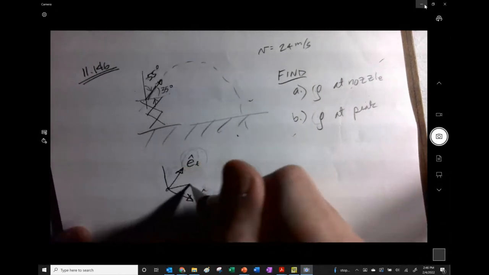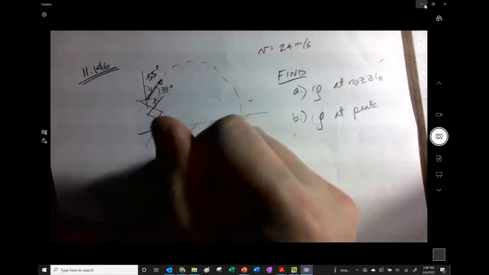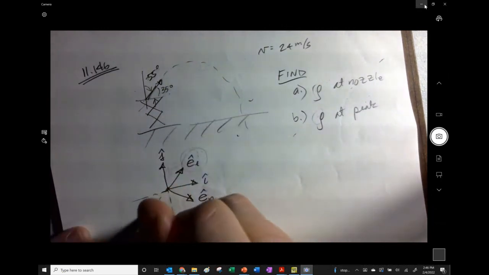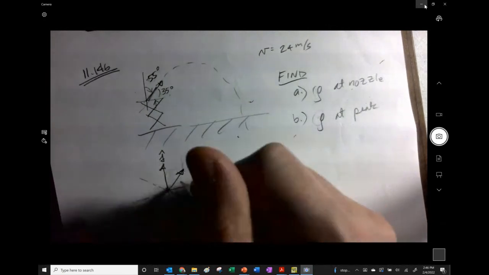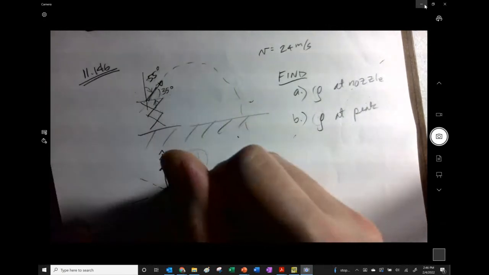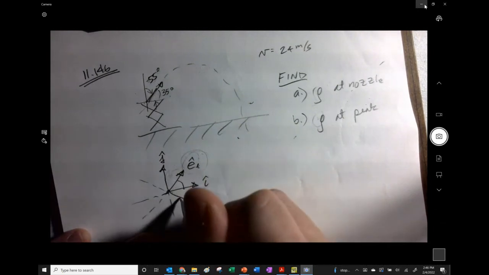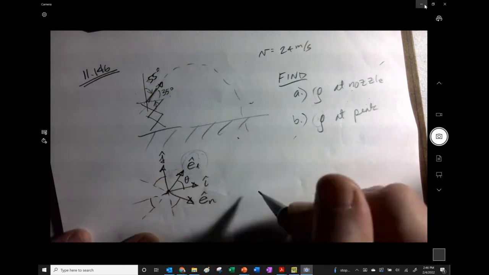So if I was going to do a coordinate transformation array, I'm going to use 35 right here. So I'm going to use that angle instead of the other angle right there. I call that theta.